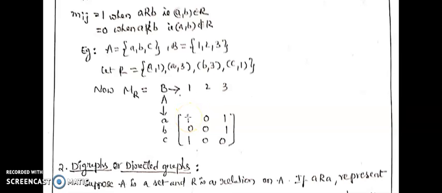Because (a, 1) is an element of the relation, corresponding to the place ath row and first column, the element is written 1. The next element of the relation is (a, 3). So corresponding to the ath row and 3rd column, the element is taken 1.